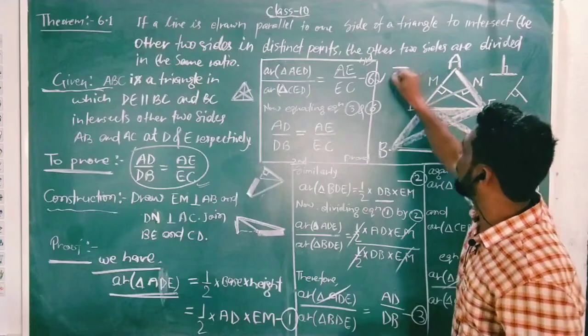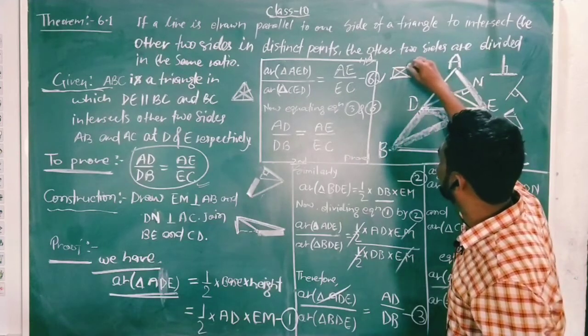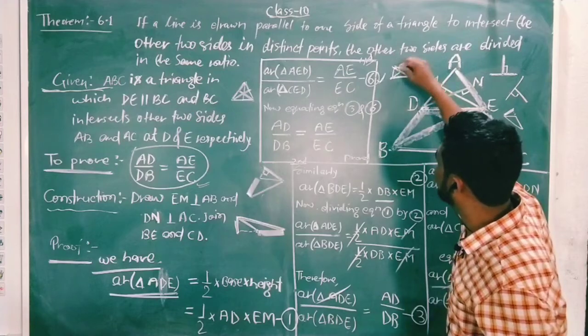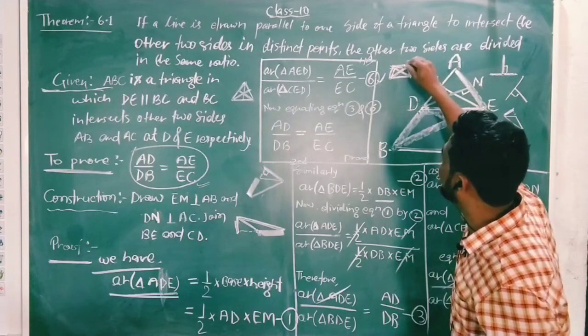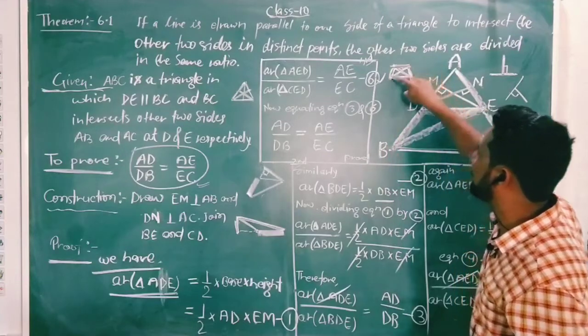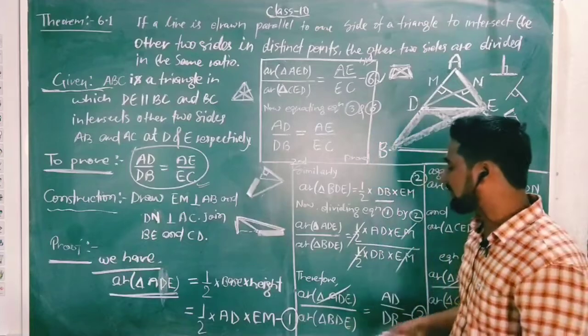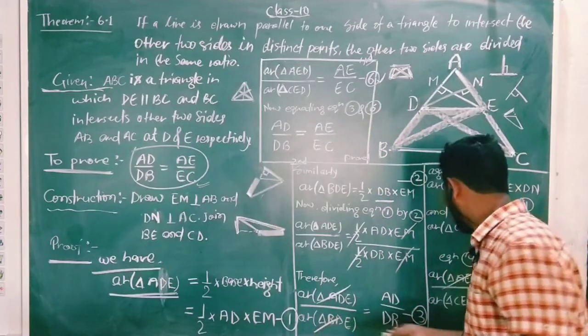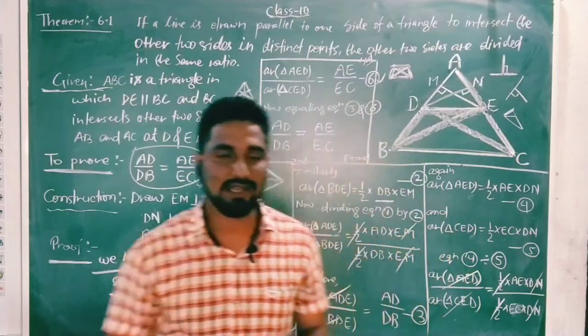You see, this triangle and this triangle both are on the same base and between the same parallel lines, so these two triangles' areas will be equal. This is a theorem, so for that I have just cancelled this triangle or this triangle. So you will write at last, I will write.